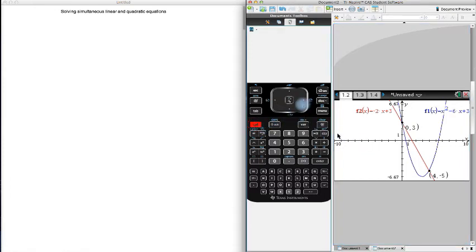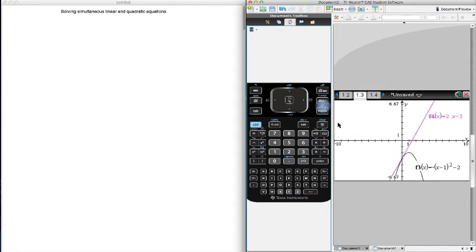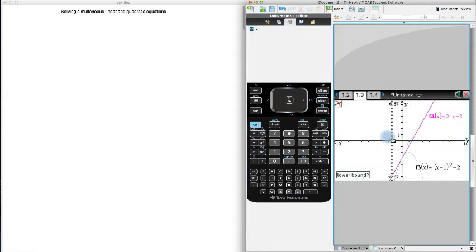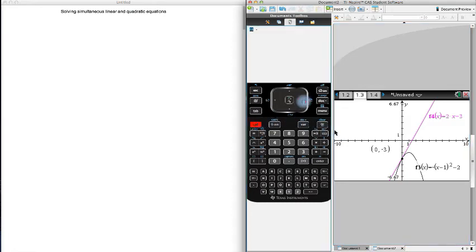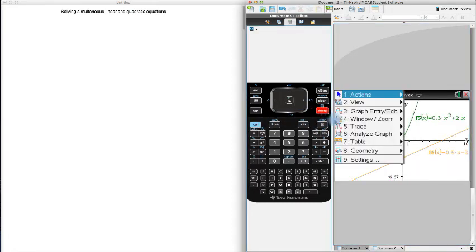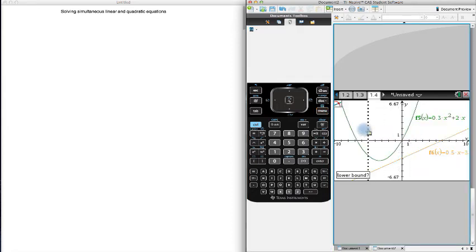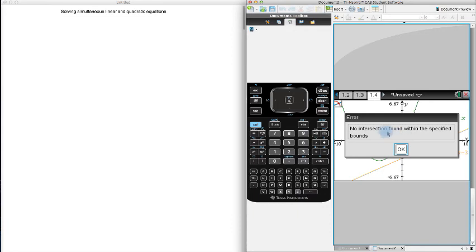Let's try this one here. So once again, analyze these graphs, points of intersection. And there we go, 0, negative 3 for that one. And if we go into this graph, we might try to use the point of intersection. Let's just try it. And whoops, no intersection is found.